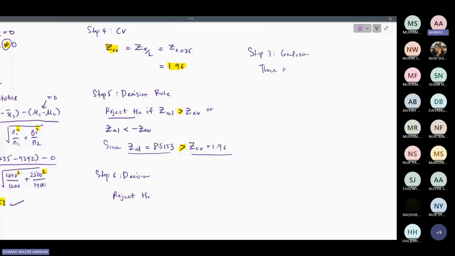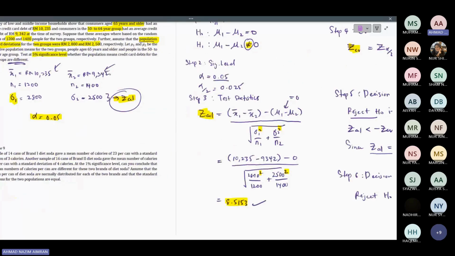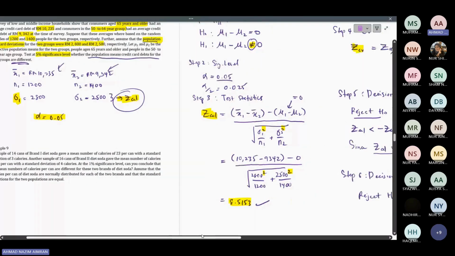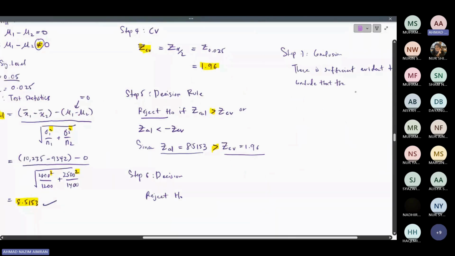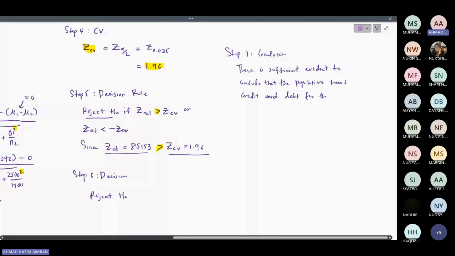There is sufficient evidence to conclude that, taking it from the question, the population mean credit card debts for the two groups are different.